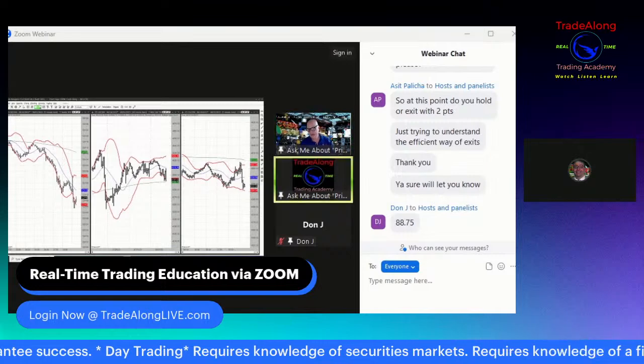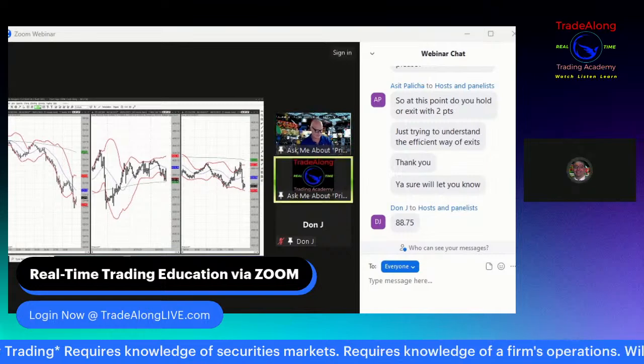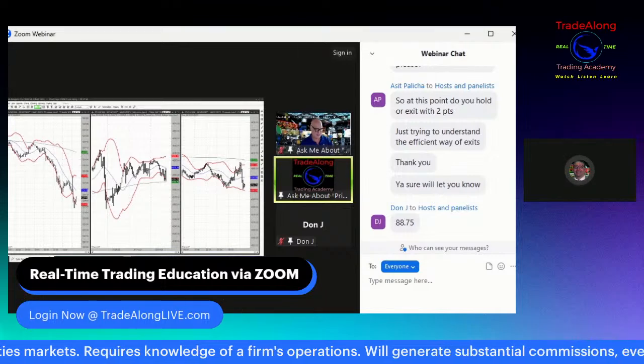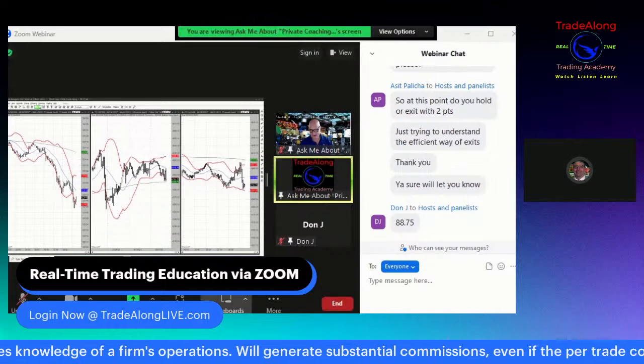All right. Let's see here. Kind of hanging here on these lows. Basically, all it's been right now is go retest the overnight low at the 98.